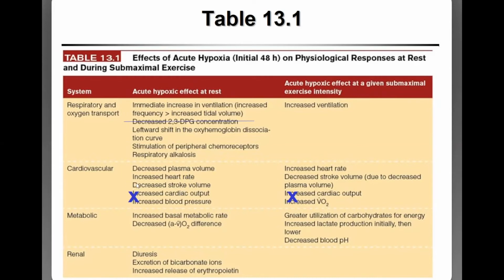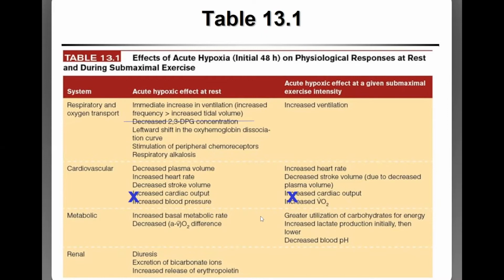So heart rate at rest is going to be elevated. Don't worry about these two bullet points that are X'd out. The metabolic system is going to be affected by an increased metabolic rate and a decreased AVO2 difference. And this is due to the decreased partial pressure difference between arterial blood and venous blood.